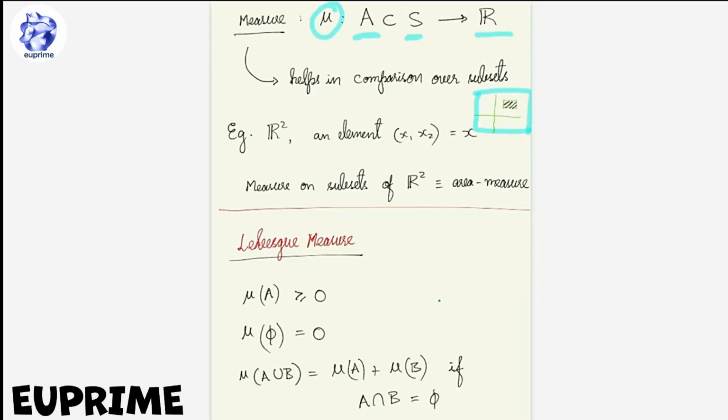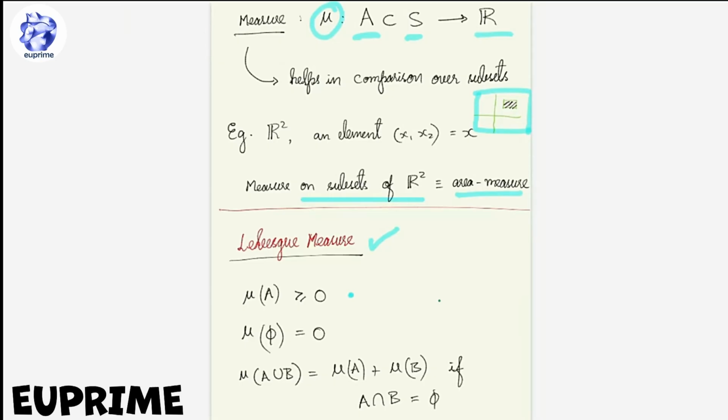Probability of anything is like measuring the area. So if it is two-dimensional, then the measure of subsets on R2 is the area measure, which is something that we have seen. So in terms of Lebesgue measure, whenever you think of measure, the generalized notion of a measure is Lebesgue measure. The Lebesgue measure is non-negative, because in the real world, there is no negative area.